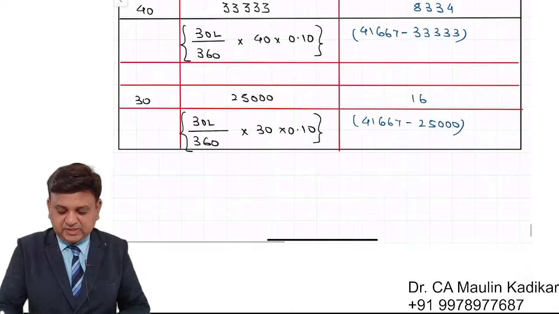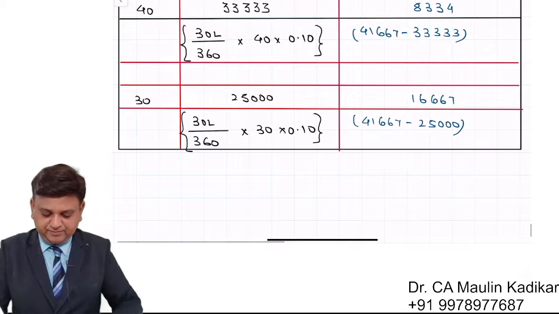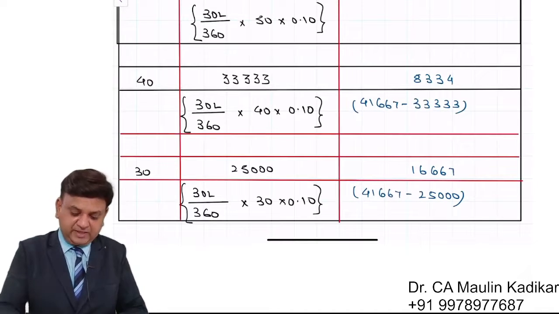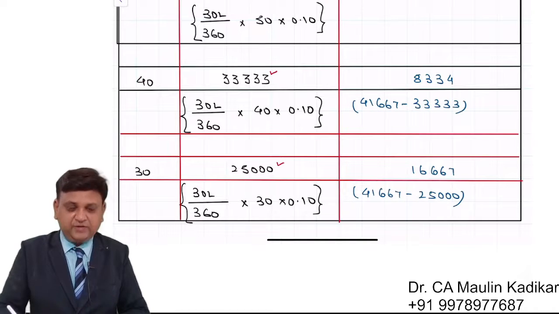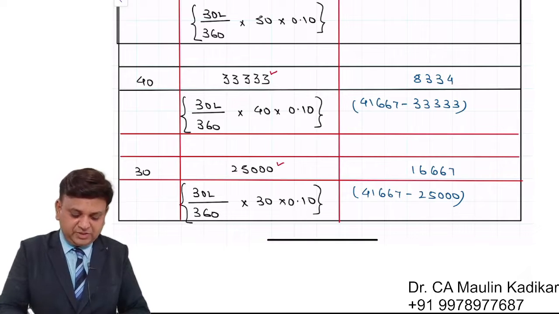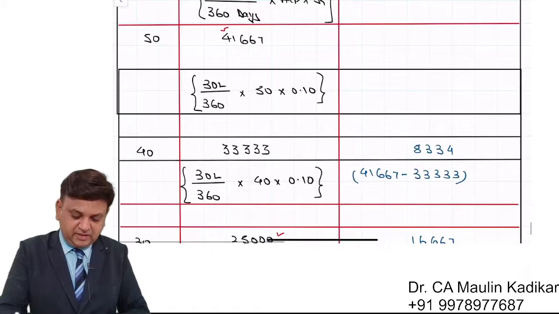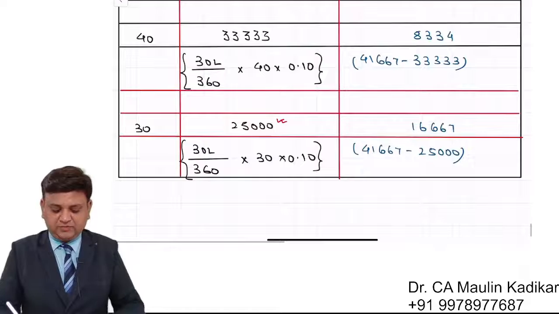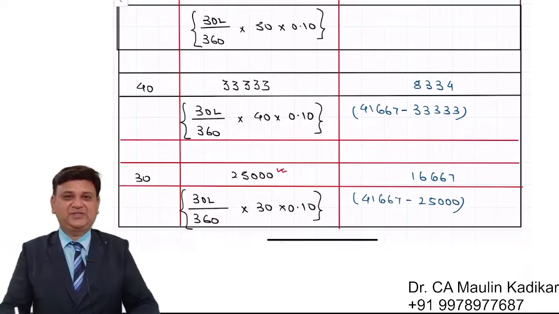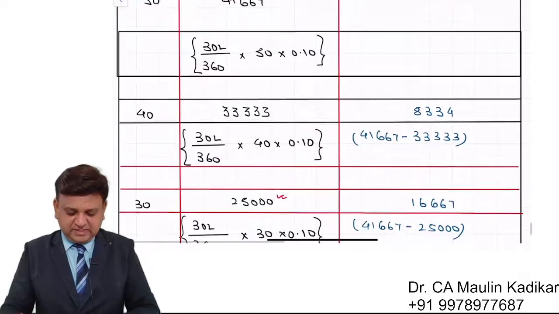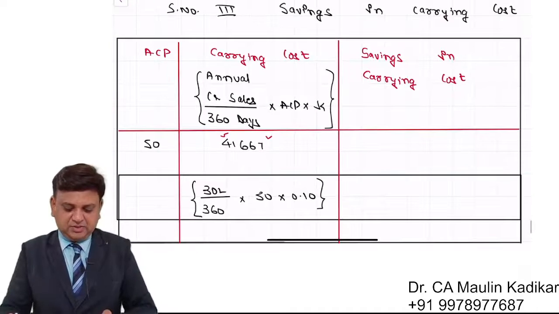That comes to 16,667. Many times students wrongly make a comparison between 33,333 and 25,000. You don't have to make that comparison. You have to compare the carrying cost right now with the carrying cost under the new one, and the difference of both of them is the savings in the carrying cost.